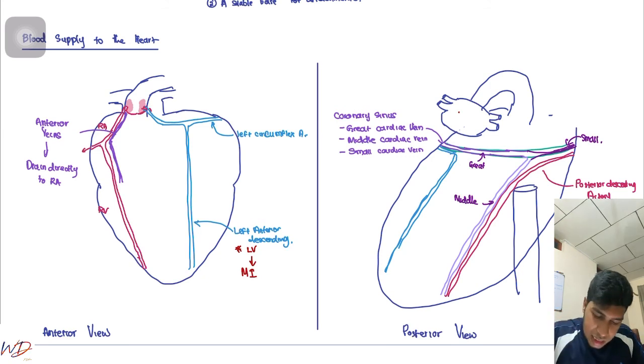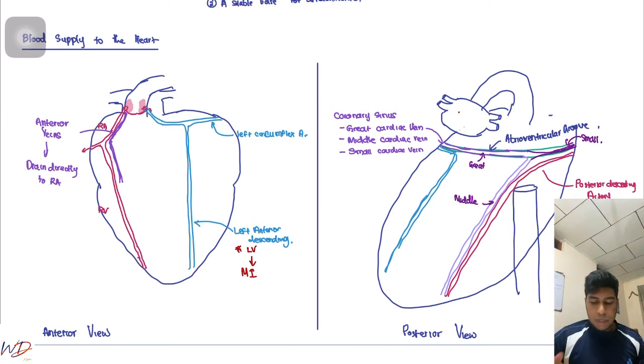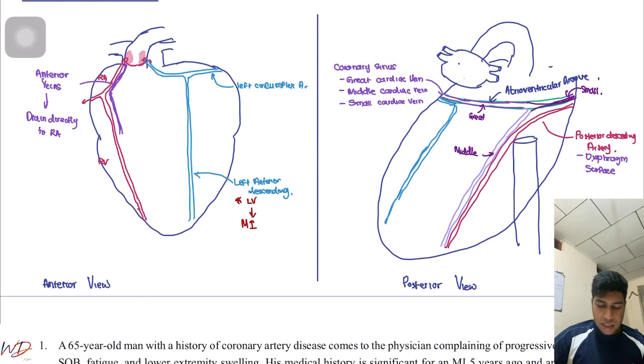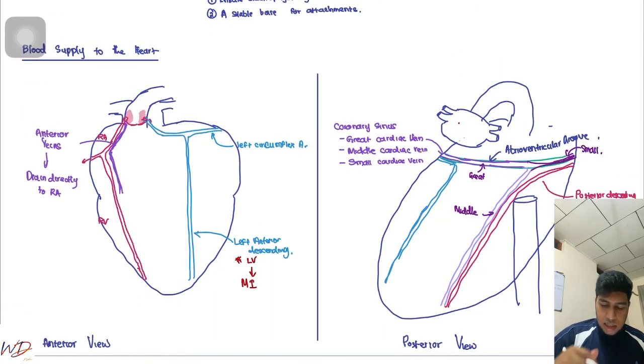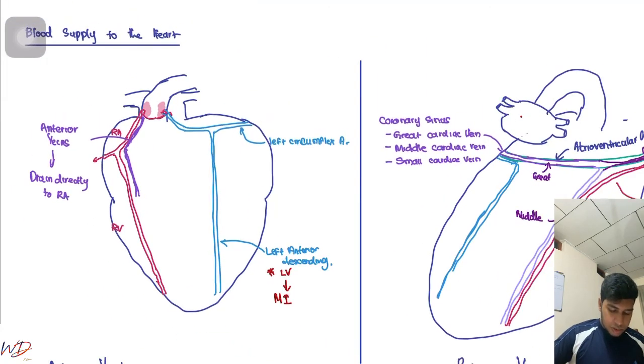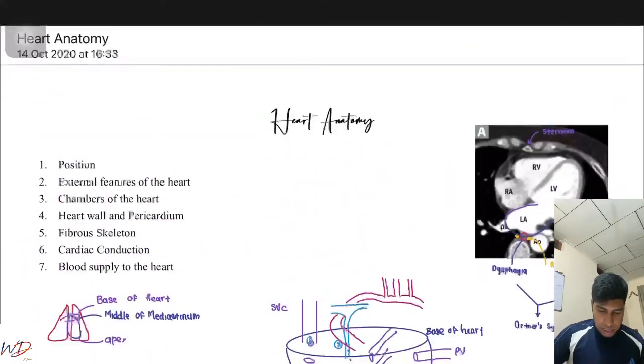It is present in the atrioventricular groove, and it is made by three main veins depending on the size: the great cardiac vein, the middle cardiac vein, and the small cardiac vein, and they will dump their blood directly into the right atrium. Then we have the anterior veins, which directly drain to the right atrium. So those are the main parts.